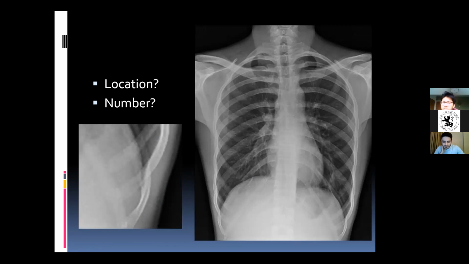Now, quick question. Who would know that there is a fracture over here, and what might be the symptoms that they can present with? Yep, on breathing.